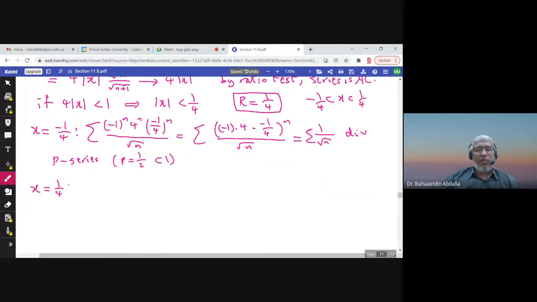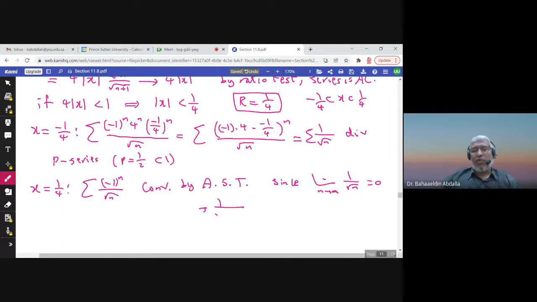While if x is 1 over 4, I'll have here 1 over 4. So I will have negative 1 to the power n over square root of n. And this is convergent by the alternating series test, since the limit of 1 over square root of n is 0, and 1 over square root of n plus 1 is less than 1 over square root of n, so b_n is decreasing.